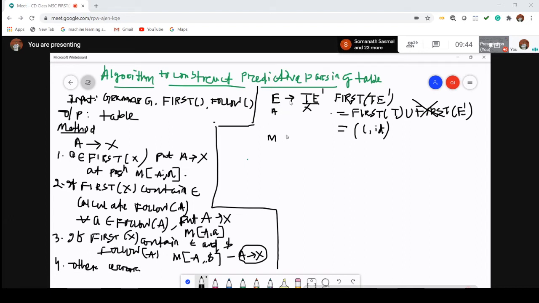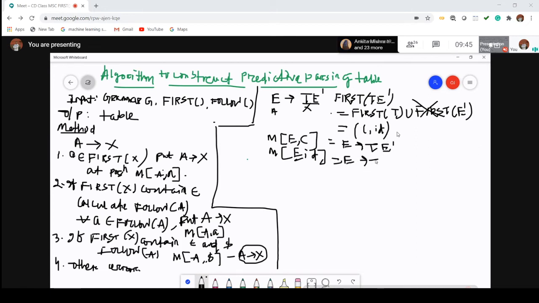It will be M of A, where the A value equals E. In the case of left parenthesis, M of E, and in the case of id, I have to put the production A to X, which means E to T E dash. I have to put this production in the cell.